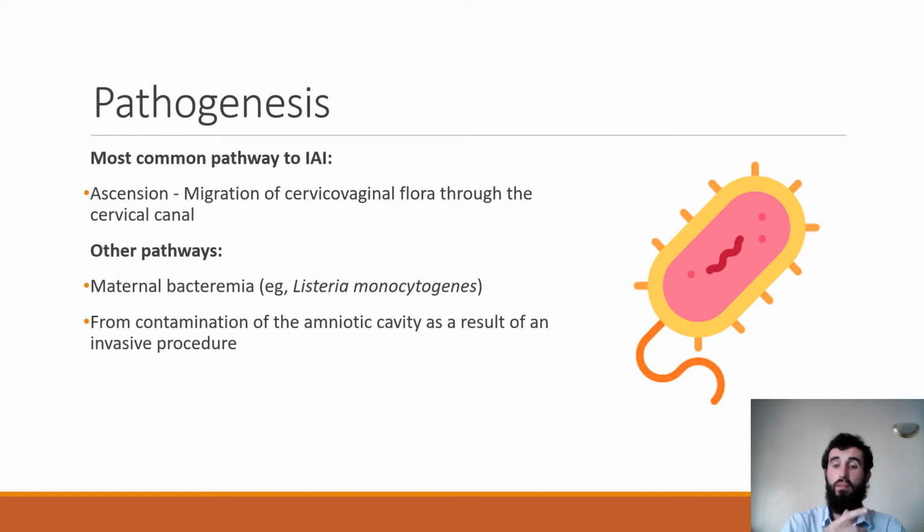Also, this pathway is used by Streptococcus and Staphylococcus aureus. When we have skin infection and bacteremias, Staphylococcus can also infect the placenta. And the third pathway, which is also not very common, is contamination of the amniotic cavity as a result of an invasive procedure, like an amniocentesis.